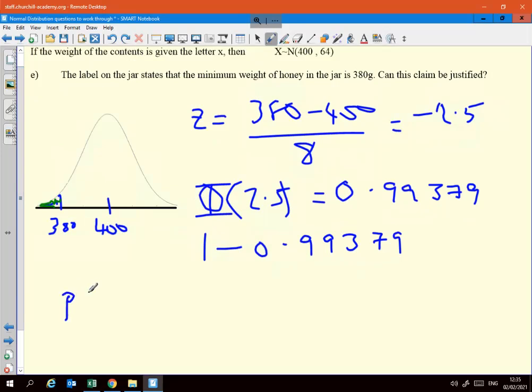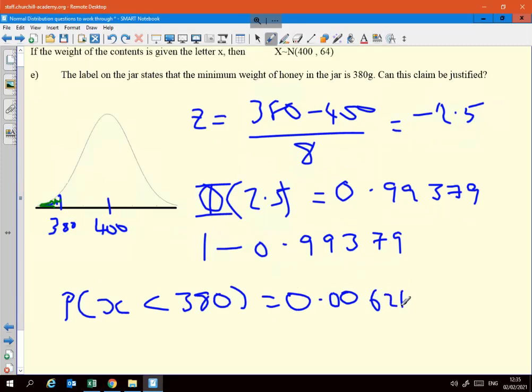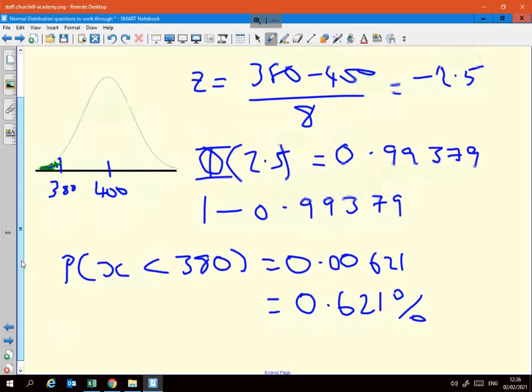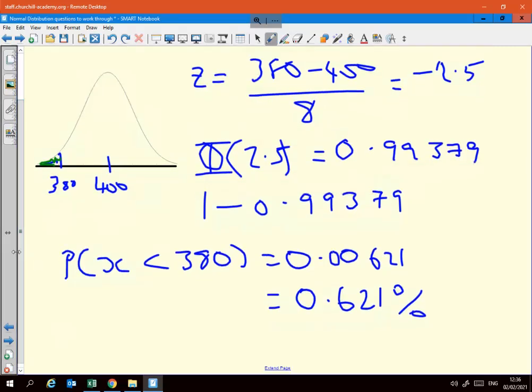So the probability of a jar being less than 380 is 0.00621. For this one, I might want to change that to a percentage, timesing by 100. So 0.621%. Less than a 1% chance that a jar would be less than 380.